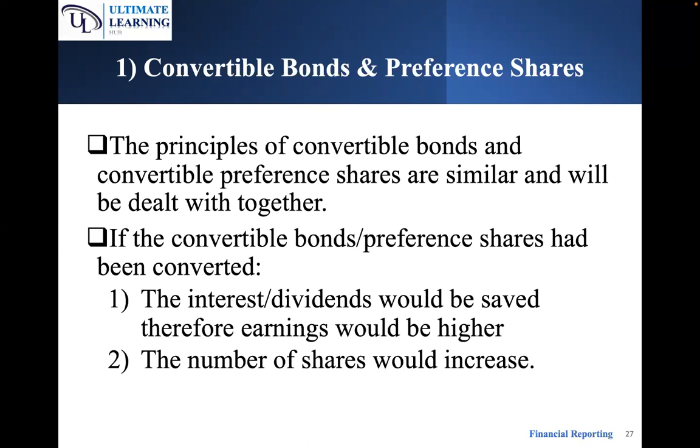If the convertible bonds had been converted, as I explained previously, the interest or dividends would be saved. So when I convert the loan into ordinary shares, I'll be saving on the interest. And also, when I convert the loan into ordinary shares, the number of shares will increase.